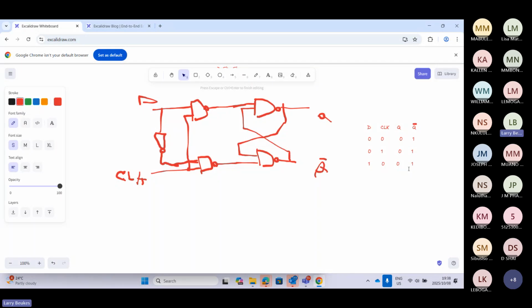So this D flip-flop is basically just getting rid of 1, 1 and 0, 0. Do you see that? So here, if you have a 1 and a 1, your Q becomes 1 and Q naught becomes 0, right? Do you see in this case, you have never hit a case whereby you have 0, 0 or 1, 1, right?